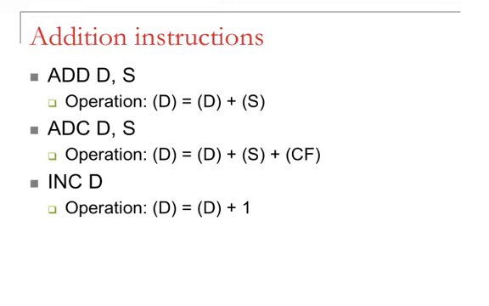CF stands for carry flag. Sometimes I say carry bit. It's the same thing. So ADC, you're going to take 3 numbers: destination, source, and the carry flag. If the carry flag is a 0, then that's the same as ADD.